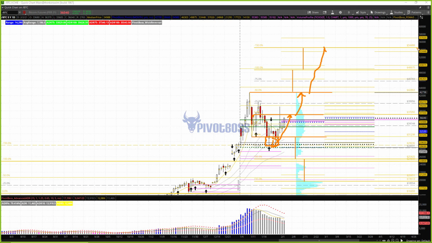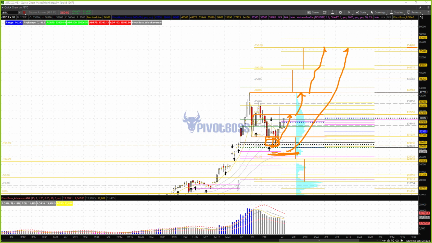The 100% target would be 54,488. So that could be a tremendous target up ahead. You could be doubling from 27s all the way up to here, or get very close from where we currently are. So that's a major target.